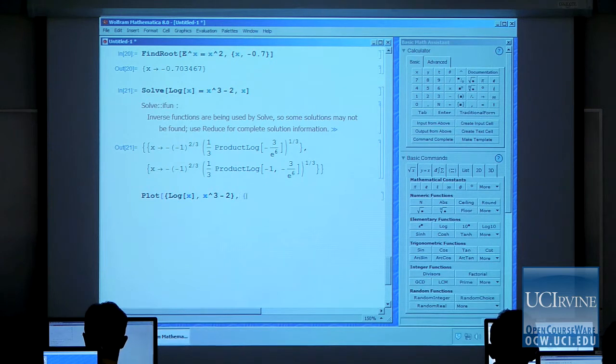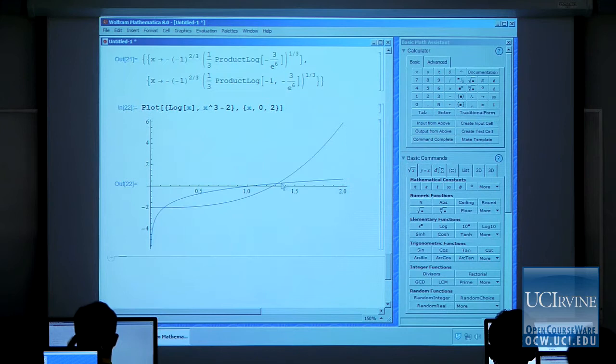So x goes from 0 to 2. And if I do that, I see that there ought to be 2 roots. One is over here at about a little more than 0.1. And then the other one's over here at x is about 1.3.